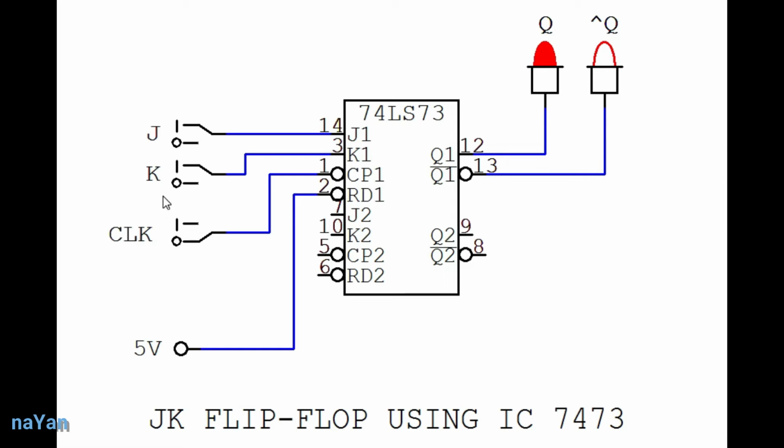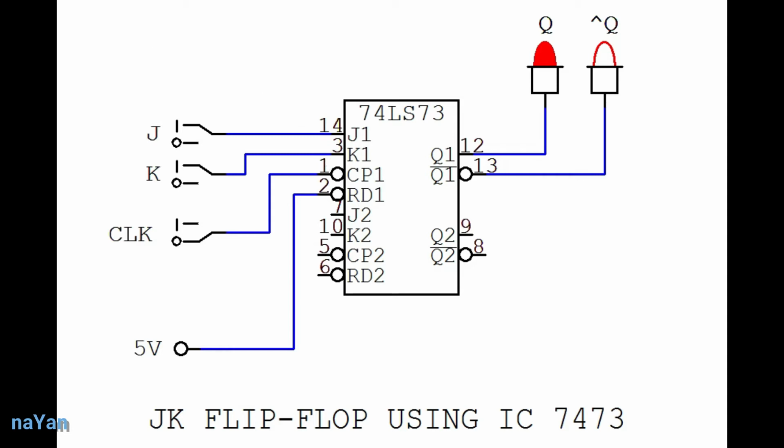In the JK flip-flop table, if we short this J and K input, we get only the 1-1 condition of the JK flip-flop. In that case, we just get the toggle case. That is called a T flip-flop.